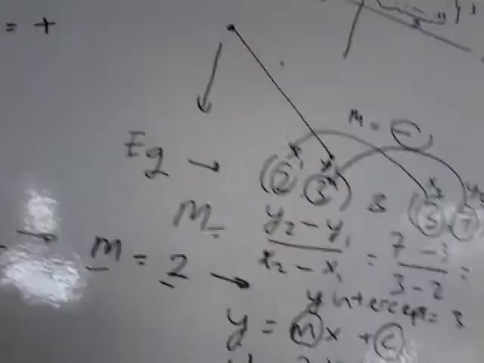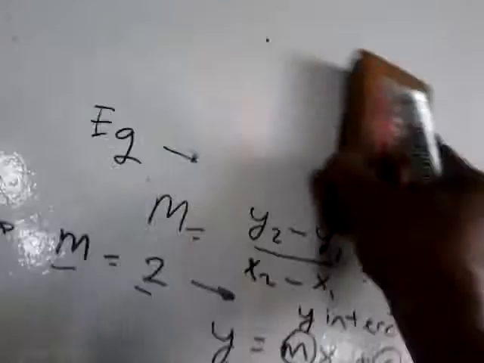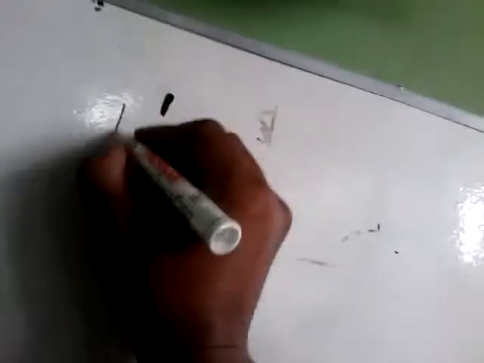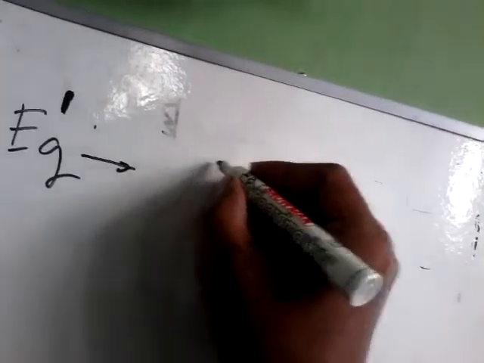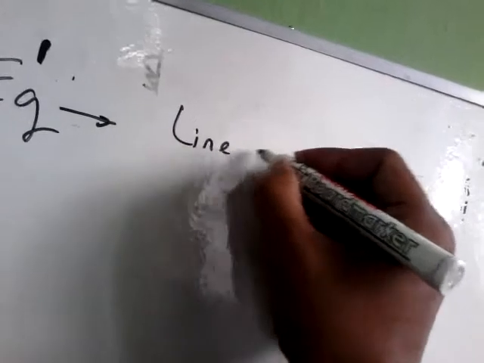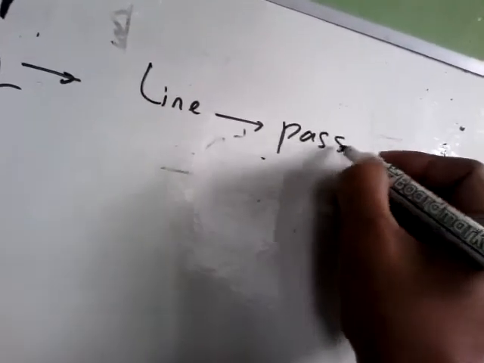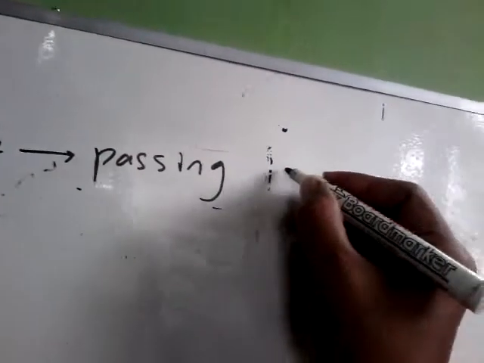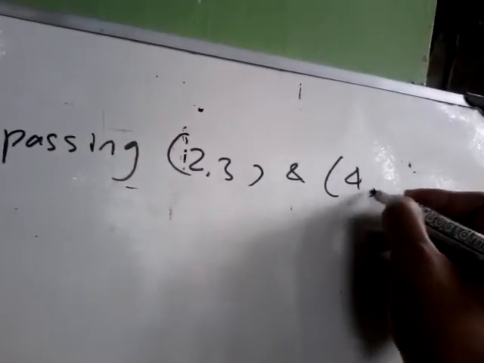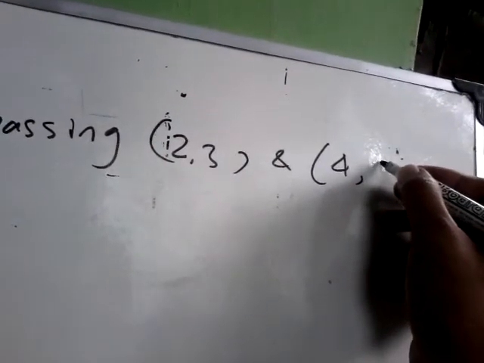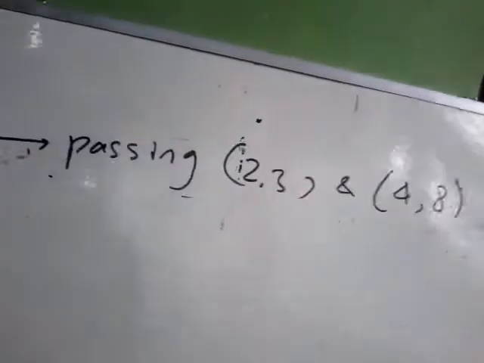Okay, let me erase this one first. Okay, another one. What is the equation if the line passes through (2,3) and (4,8), for instance?